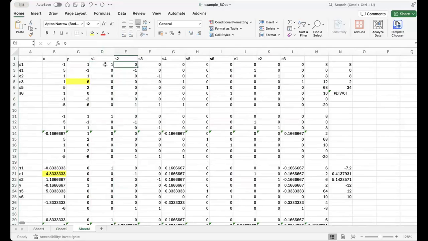And for the second one, we add E1 and subtract S2. We add E1 here, 1, and subtract S2. And the next one, we add E2 and subtract S3. Keep going on this.